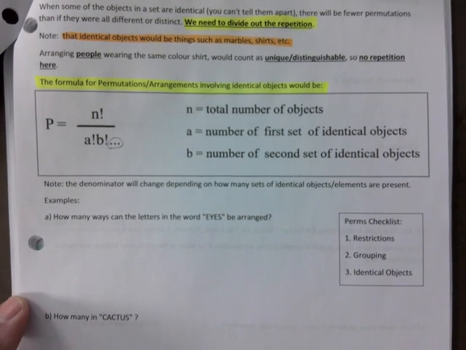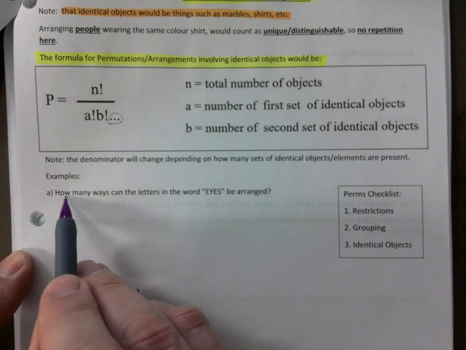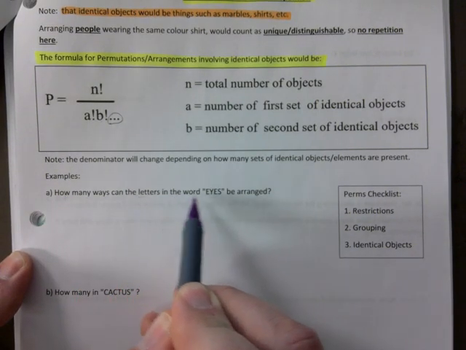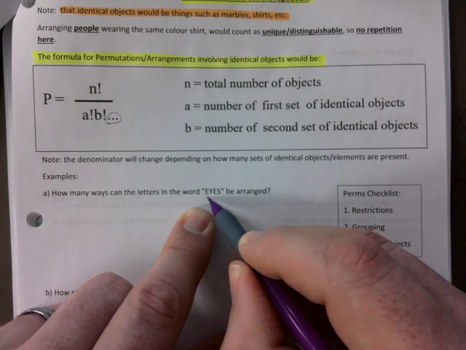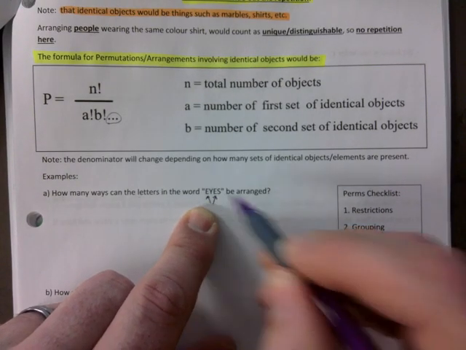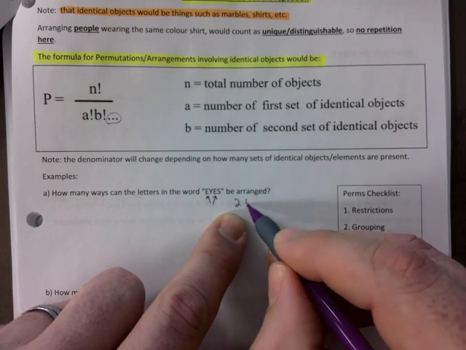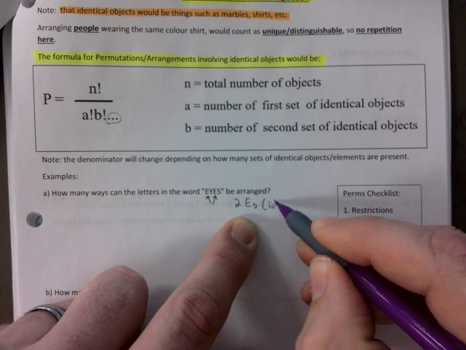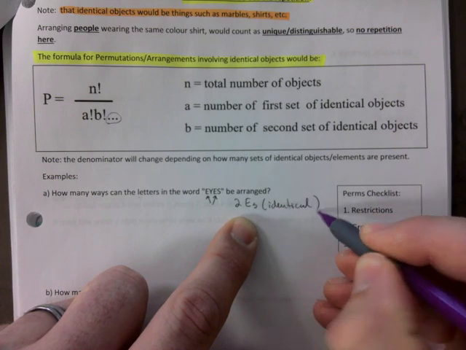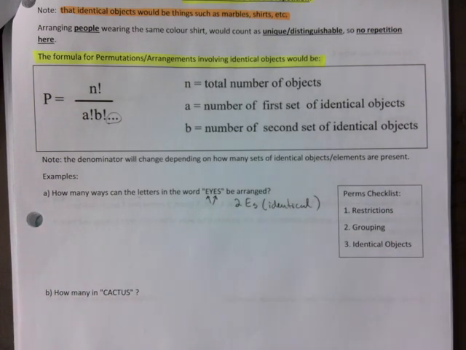Okay, so let's consider this. How many ways can the letters in the word eyes be arranged? Notice this, right? There are two E's here. Two E's. They're identical. So that's a problem for us.